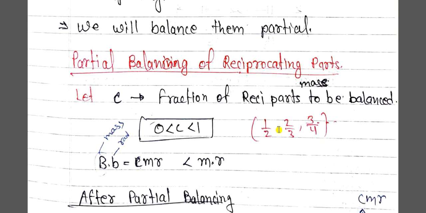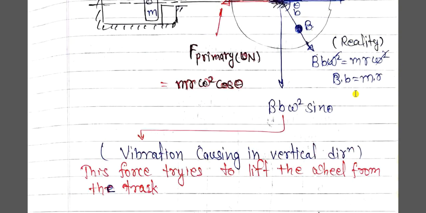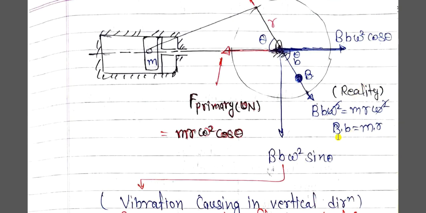It can be 1 by 2, 2 by 3, or 3 by 4, that is 50%, 66%, or 75%, whatever it is. So B into b will be equal to C into m into r. As you derived B into b, what is this B? The balancing mass.